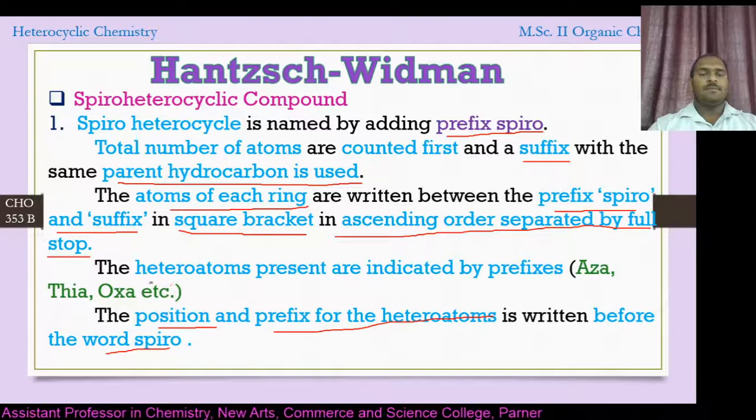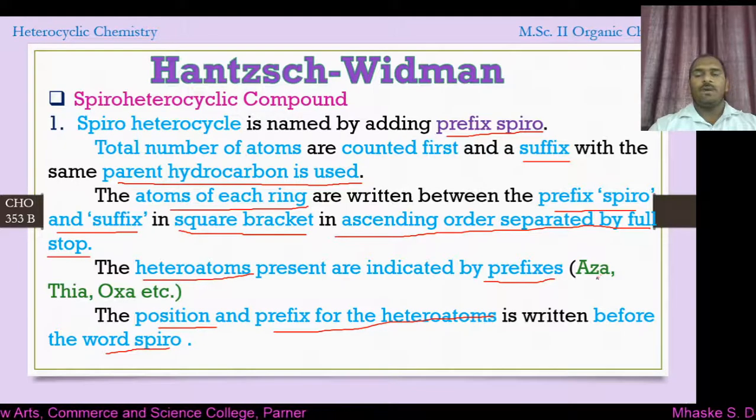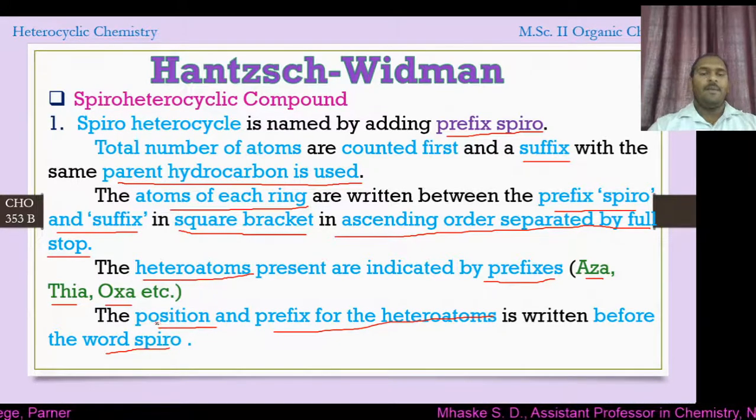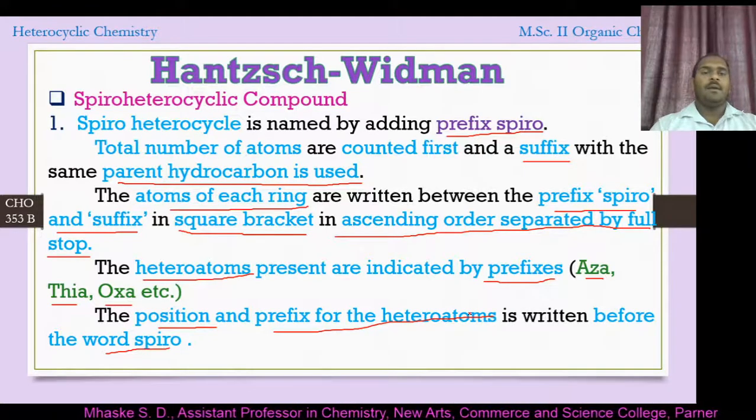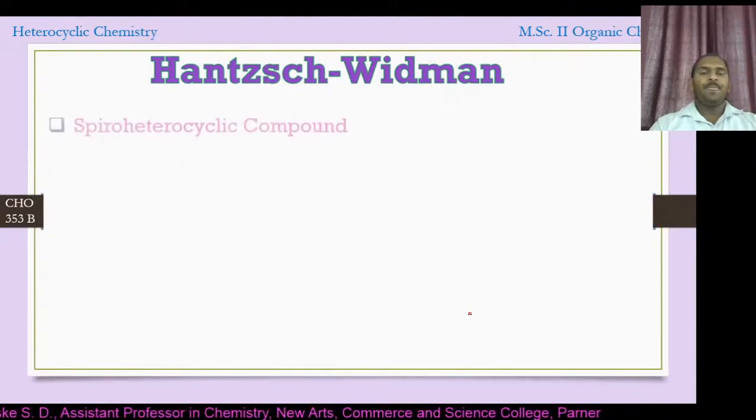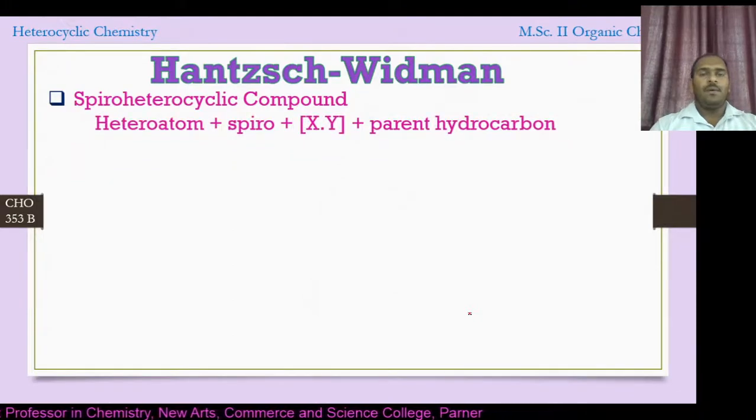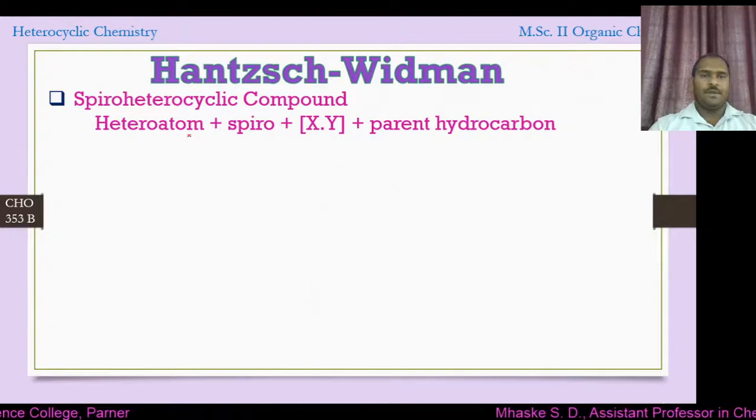The heteroatoms present are indicated by the prefixes that we have seen: for nitrogen, aza; for sulfur, thia; for oxygen, oxa, etc. The position and the prefix for the heteroatom are written before the word spiro.